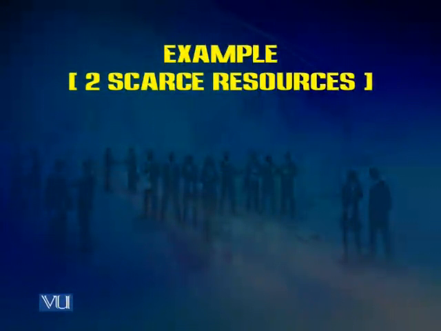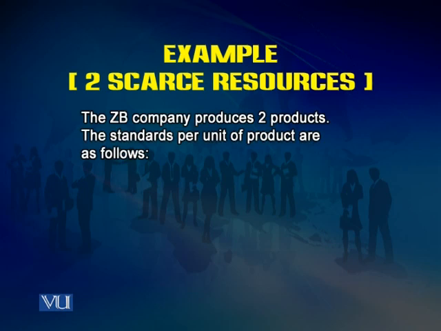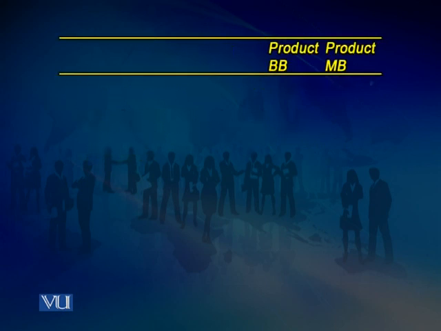Let us look at an example where even two scarce resources will be examined. The ZB company produces two products. The standards per unit of product are as follows. One product is the BB and another product is the MB. So two products, BB and MB.